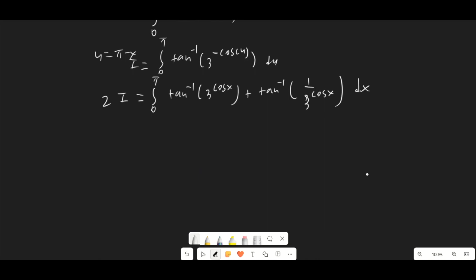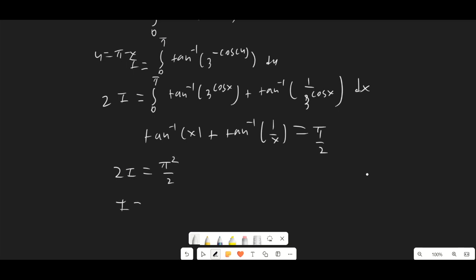And then we have that tan inverse of x plus tan inverse of 1 over x equals pi over 2. So overall, 2I equals pi squared over 2, and I equals pi squared over 4.